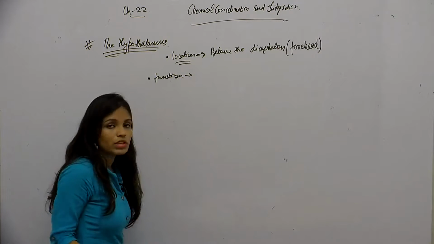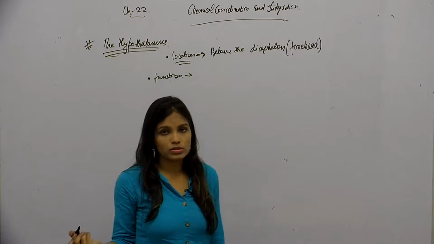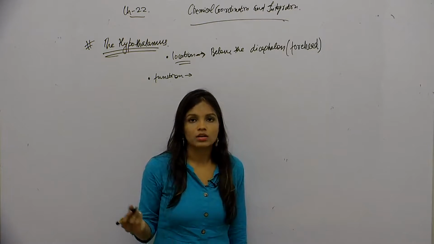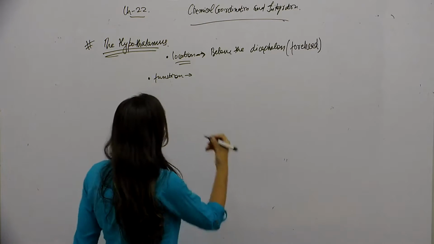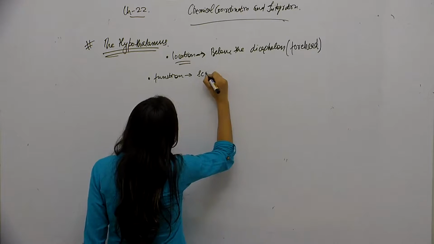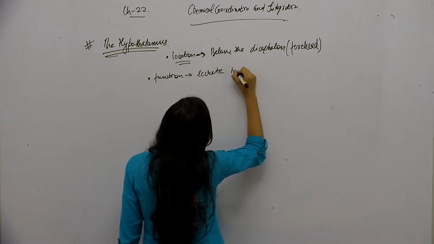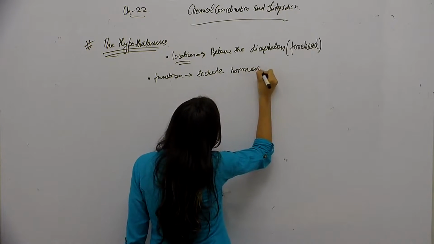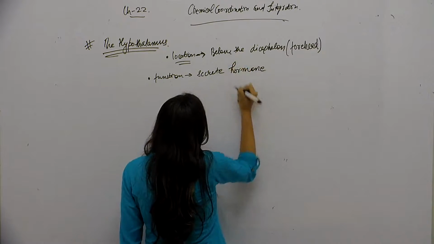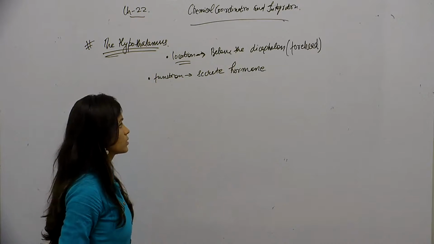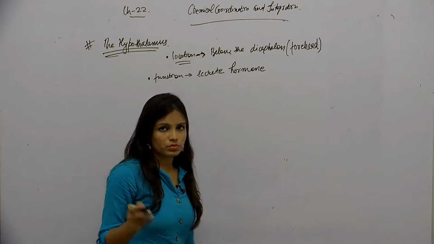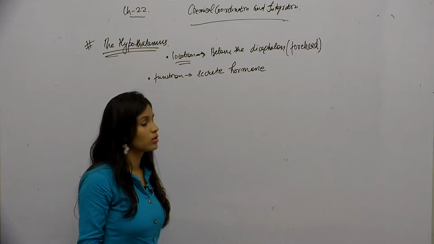The function of the hypothalamus basically includes the secretion of many hormones. These hormones are secreted to the pituitary gland.